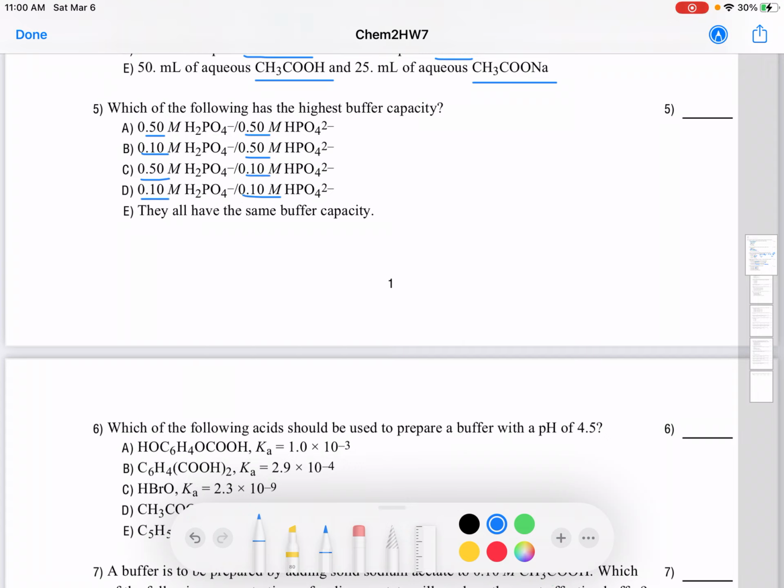So B and C, their concentrations are not close to each other, so they are out. And then A and D, where both are 0.5 and both are 0.1. So we choose the one that has the highest buffer capacity. Which one is bigger, 0.5 or 0.1? 0.5 is bigger, right? So then 0.5 mole H2PO4 minus, 0.5 mole HPO4 2 minus would be the highest buffer capacity.